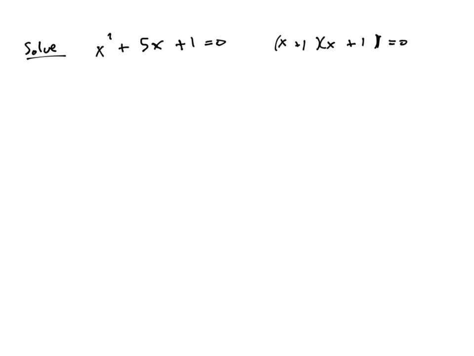The only two numbers that multiply to 1 are 1 and 1, or -1 and -1, and those do not add to 5, so we can't factor. We cannot use the square root property because we have a b term, so that's not going to work.